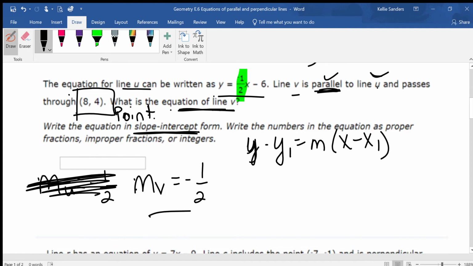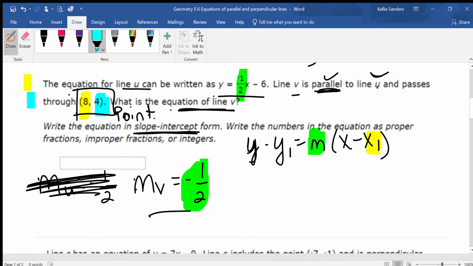Okay, so back to the problem. y minus y1 equals m times x minus x1. We're going to change some colors. No, I wanted the green first. So the green was our slope, so I know that's going to be -1/2. Point. And that's our first x, so that's going to go right there.